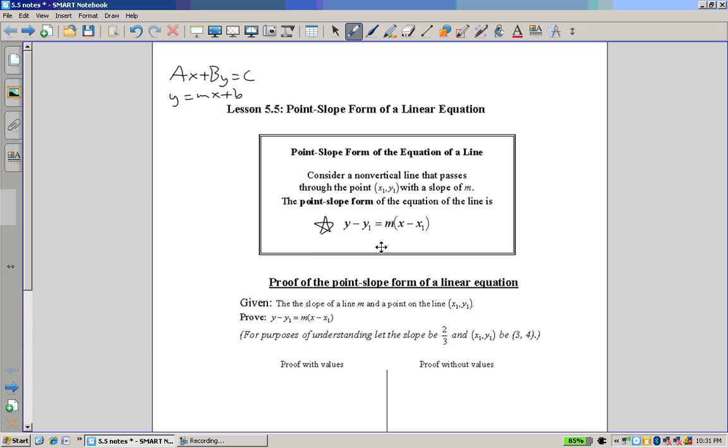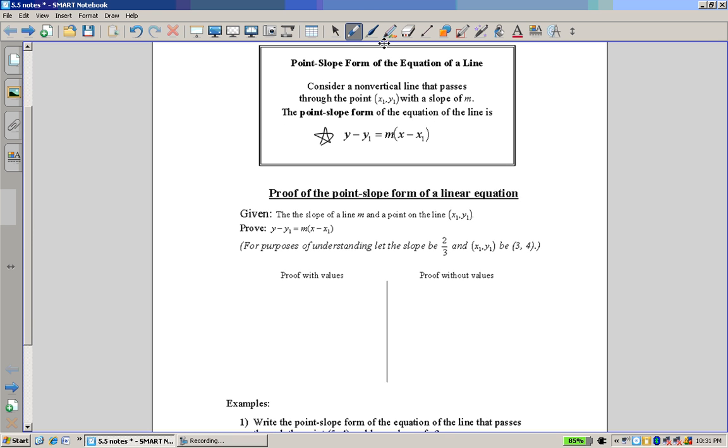So there's going to be literally an infinite number of spin-off versions of the same equation, which isn't very nice. But again, if you're just looking for a quick equation, this is the way to go. And then, of course, you can translate from this form to the slope-intercept form or to standard form, whichever one you'd like to use. The first thing we're going to look at is how exactly is this generated?